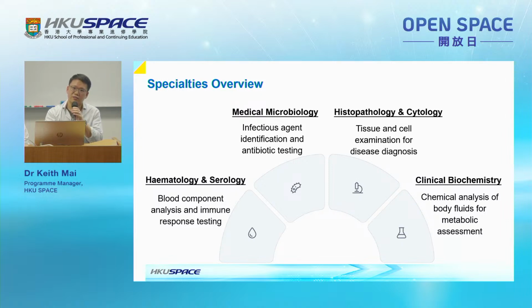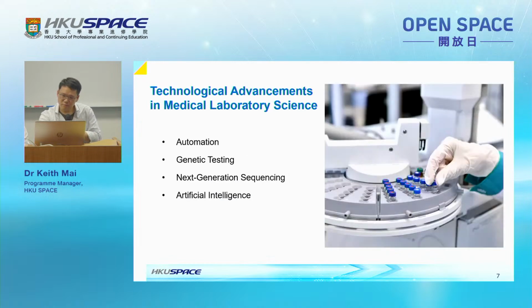This will look at the different types of chemical compositions of body fluids, such as urine or blood, and look at different types of analytes, such as blood sugar, the blood glucose levels, or maybe in urine you have things like AST or ALT, and look at the different balance of these chemicals in your blood or your urine or other fluids to see whether or not your metabolic functions are working properly.